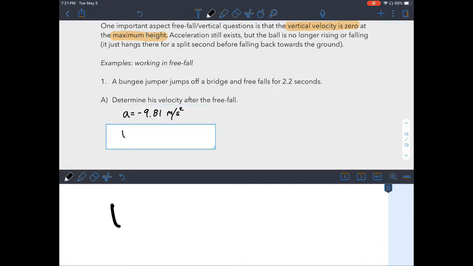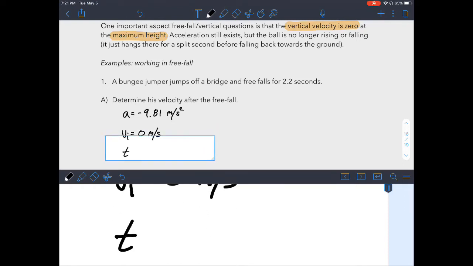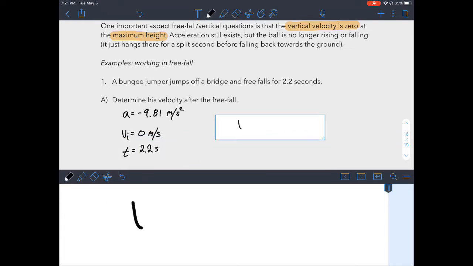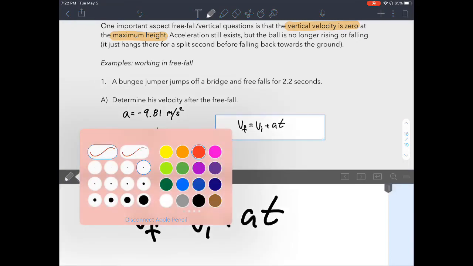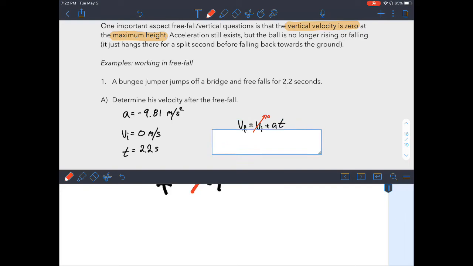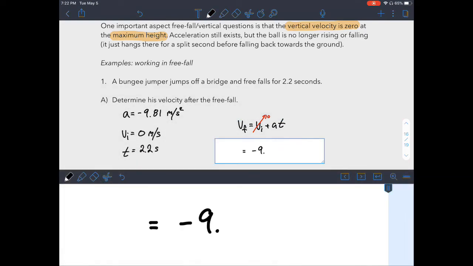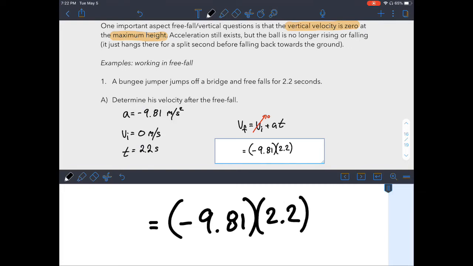And if we're jumping off a bridge, this means our initial velocity is going to be 0, and we're falling for 2.2 seconds, which means if we want to know what our final velocity is, we can use this equation here, plus at. We know we're starting from rest. That's great. We know our acceleration. We know our time, negative 9.81, and we're accelerating like that for 2.2 seconds.